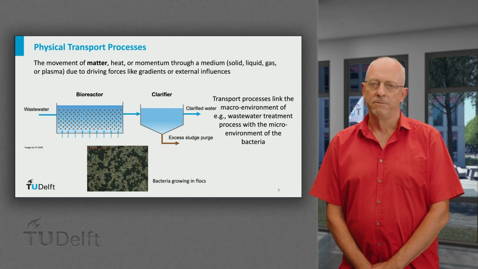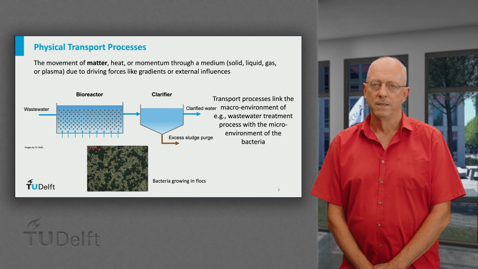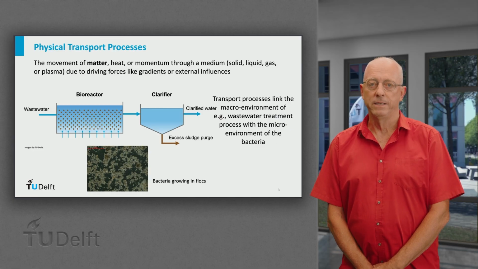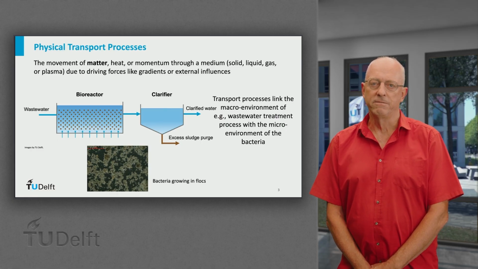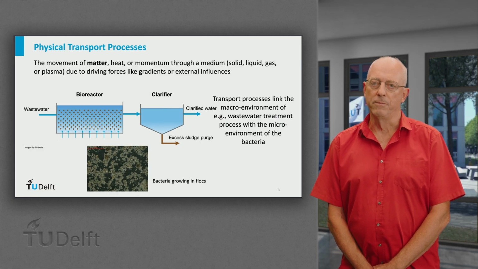So what are physical transport processes? They involve the movement of matter, heat, or momentum through a medium driven by forces like concentration gradients or external mixing. In environmental biotechnology, we are primarily concerned with matter transport.